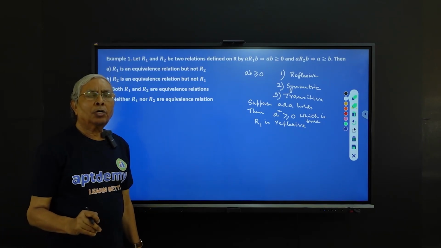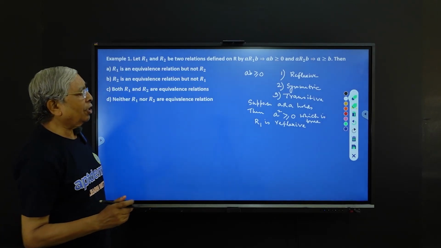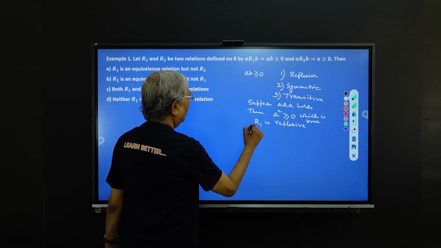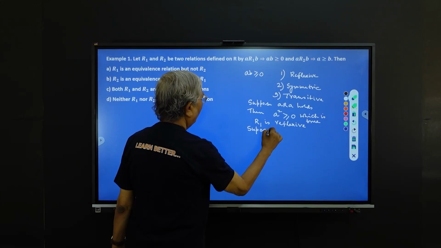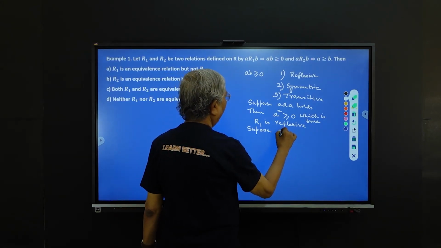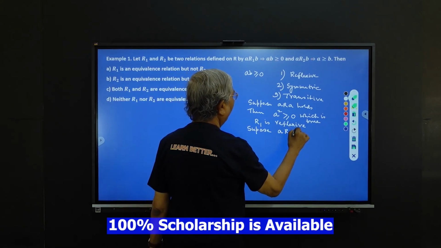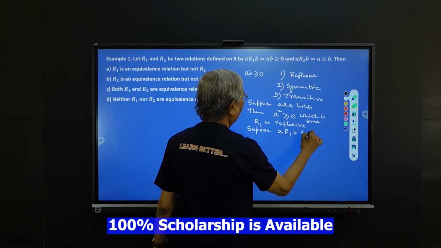Next, we have to show whether it is symmetric or not. Suppose a R1 b holds.